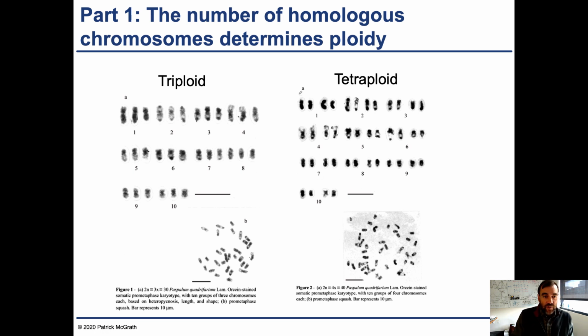I talked a little bit before about how you could also have triploids or tetraploids, and this is an example of a karyotype from that. You can see that it's kind of hard to tell; you might need to be a professional karyotyper to build this. This is an example of a triploid organism where you have 3 copies of chromosome 1, 3 copies of chromosome 6, etc. And this is an example of a tetraploid individual that has 4 copies of each chromosome, so all 4 of these would be homologous chromosomes.